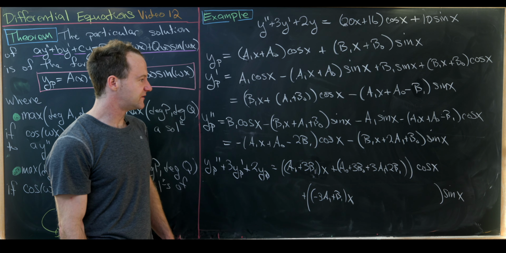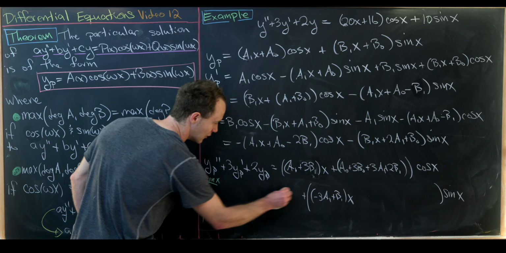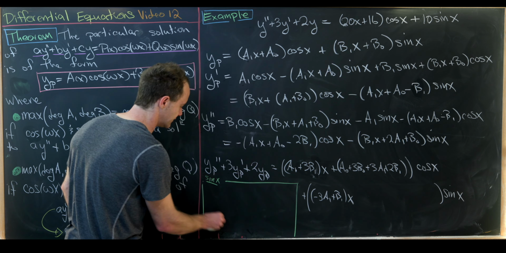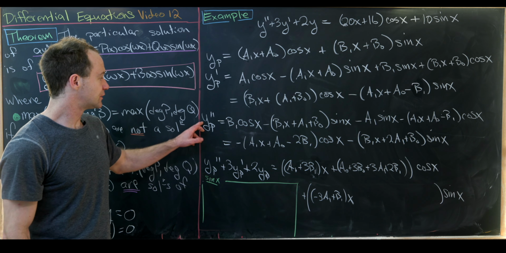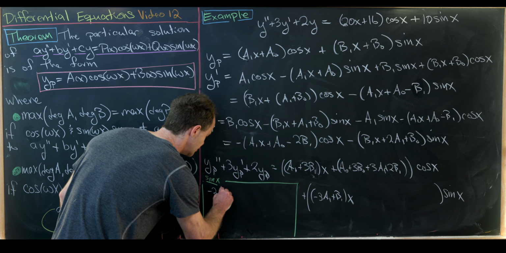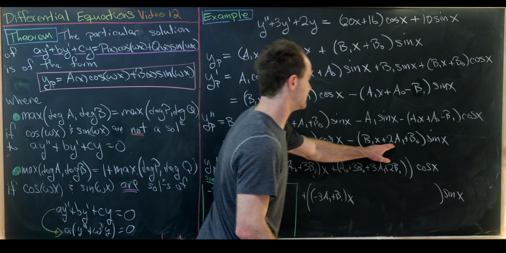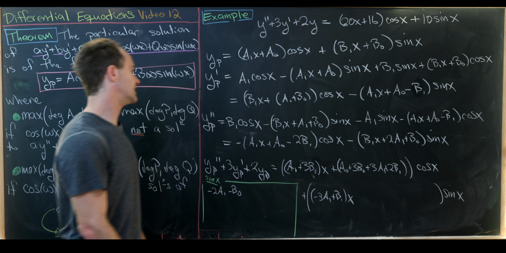Now let's look at the coefficient of just sine of x. And like we did before, we'll calculate that kind of over here to the side just so that we don't make a mistake. So from the yp double prime, we'll have minus 2a1 minus b naught. So that's from this coefficient of sine of x.